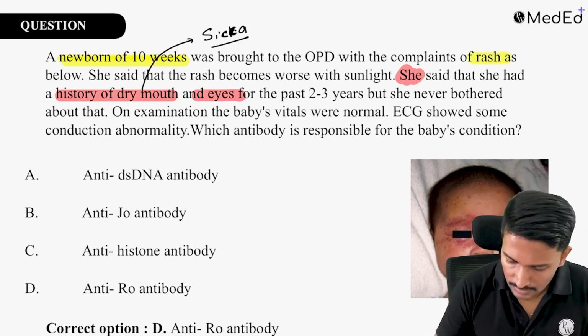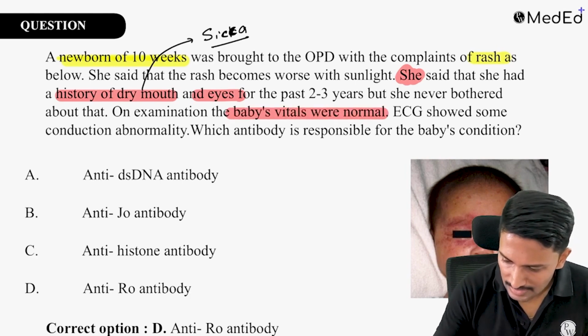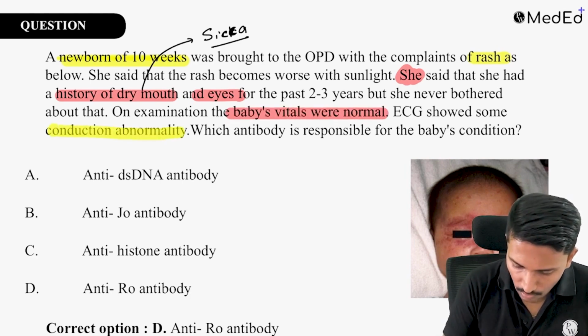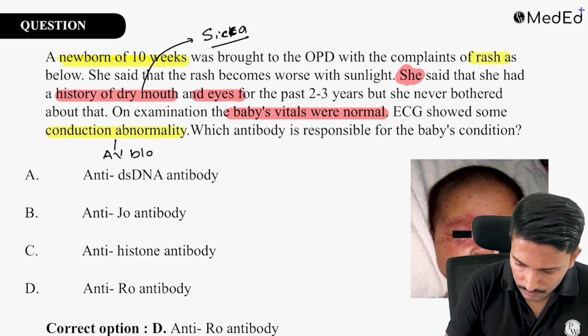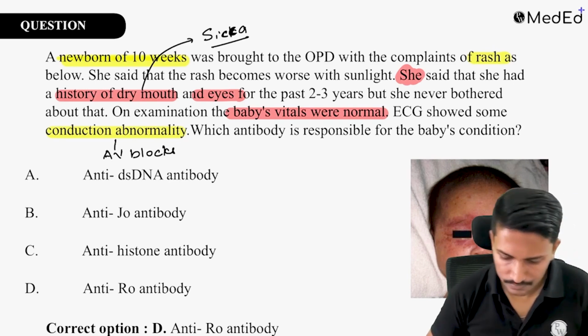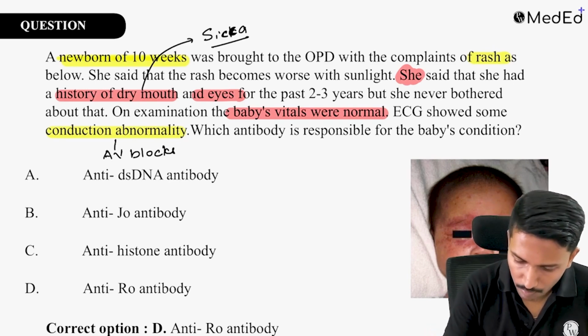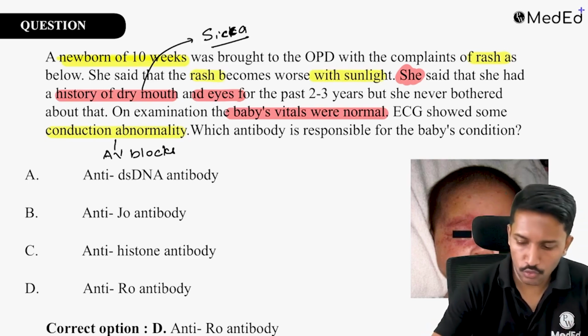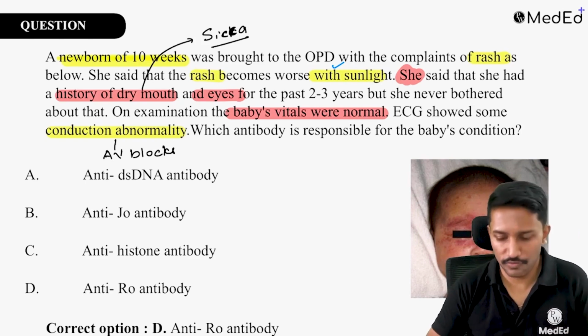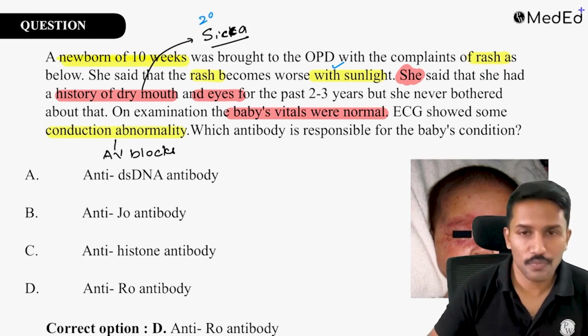And then on examination, the baby's vitals were normal, but ECG showed a conduction abnormality. Basically, the patient has AV blocks, right? Now here the patient's mother is also complaining of a rash that becomes worse on sunlight exposure. So we have a photosensitive rash. She has features of secondary Sicca syndrome.